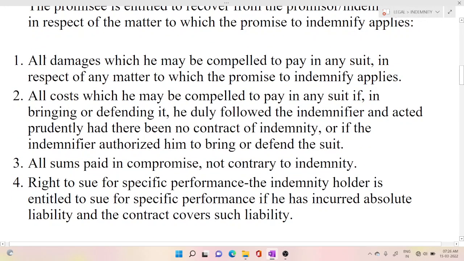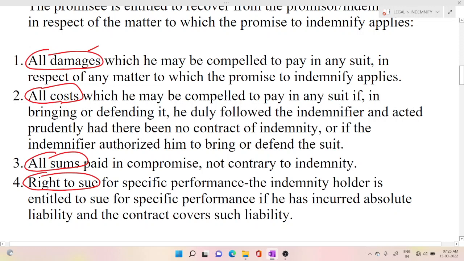What are the rights? He can claim all the damages, all the costs, and all the sums, and he has the right to sue. The bank has the right to claim all the sums, all the costs and all the damages.